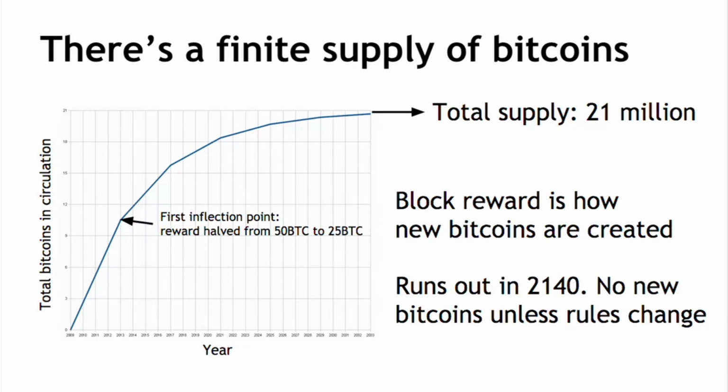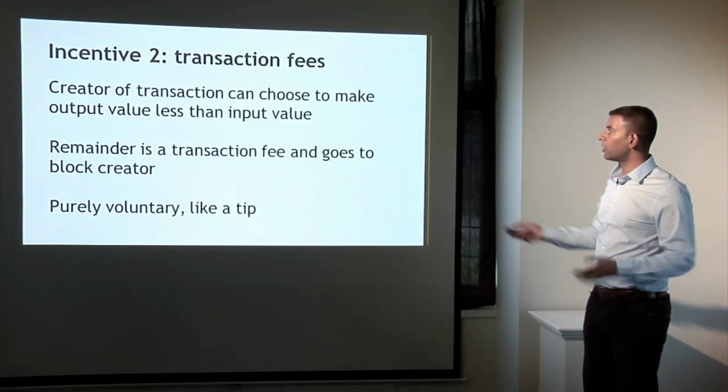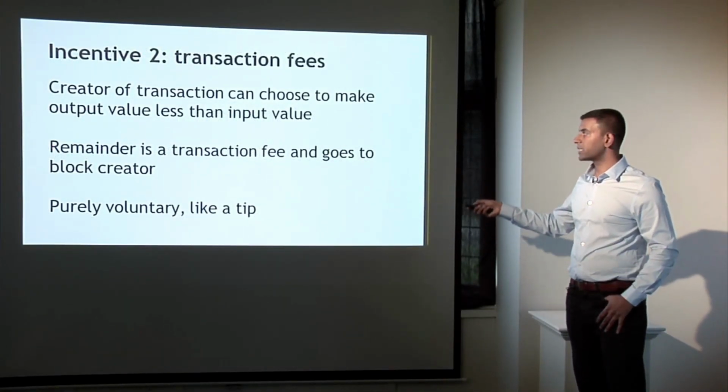There is another incentive mechanism called the transaction fee. And what is a transaction fee? The creator of any transaction, not the creator of a block, but the creator of a transaction, when Alice is paying Bob, can choose to make the output value of that coin less than the input value. The way that all the nodes interpret this difference, according to the rules of Bitcoin, is that it's a transaction fee.